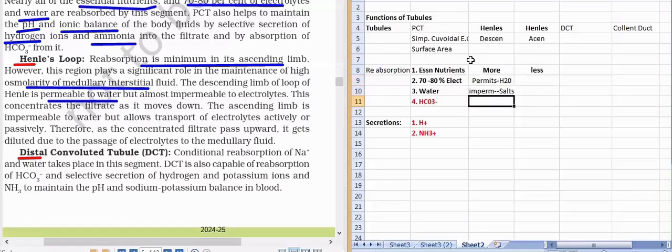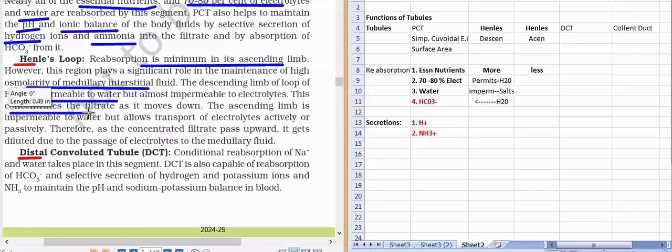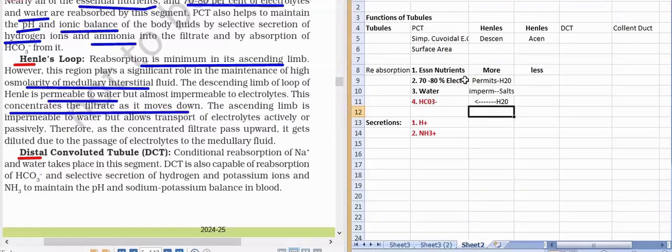For easy understanding, it will allow water to come outside. Because water moves outside, only salts will be there, so because of high salts, the filtrate becomes concentrated as it moves down. So as it goes down, the filtrate is concentrated.